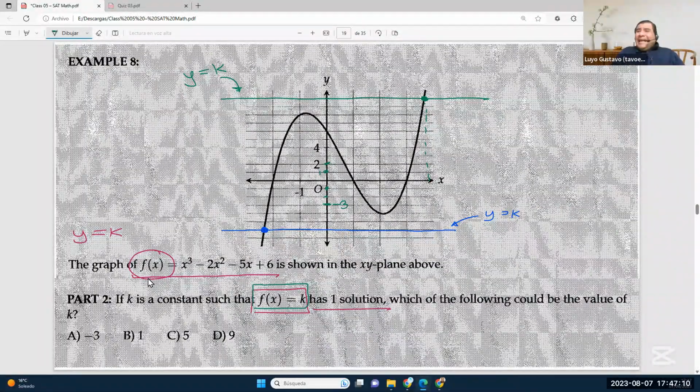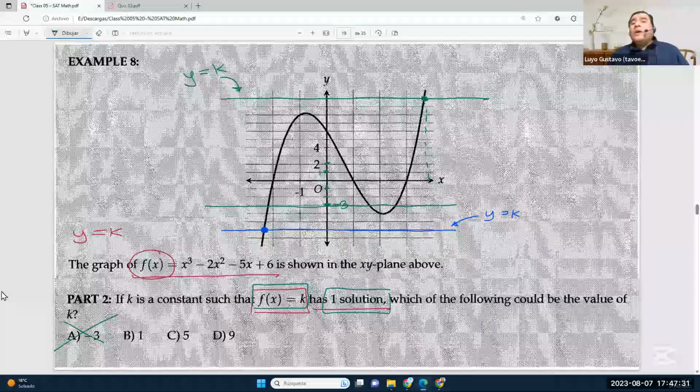So does a line passing at that vertical position intercept the curve f in just one place? That would be the meaning of saying one solution. No, it intersects the curve in 3 different places. So we can cross out this one.